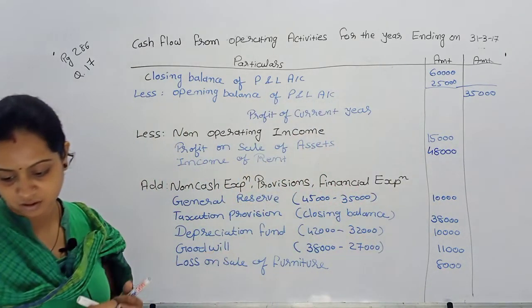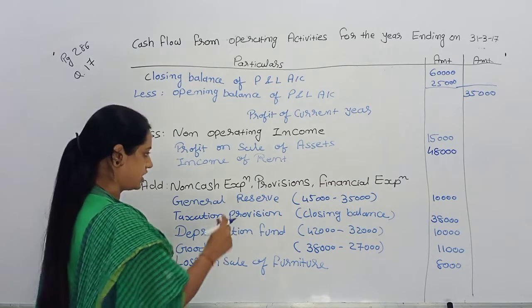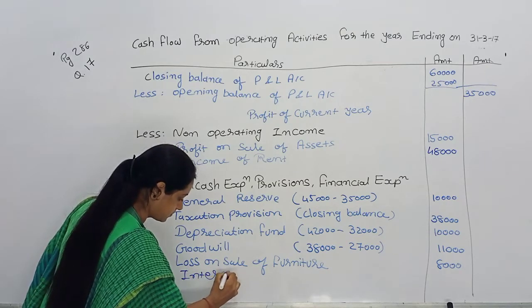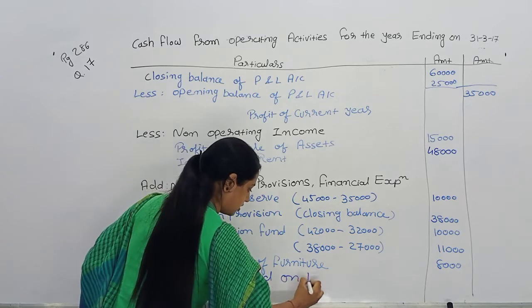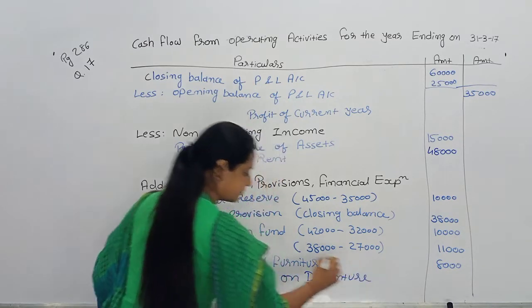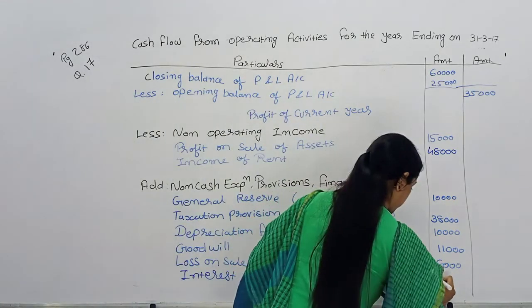Then interest paid on debenture, that is our financial expense. Interest paid on debenture, amount is 32,000.